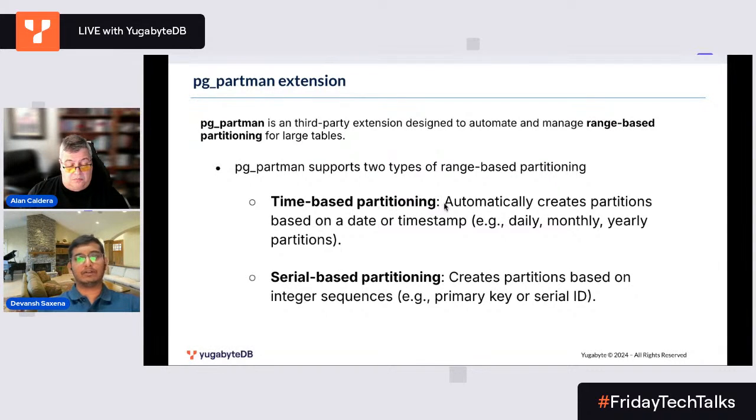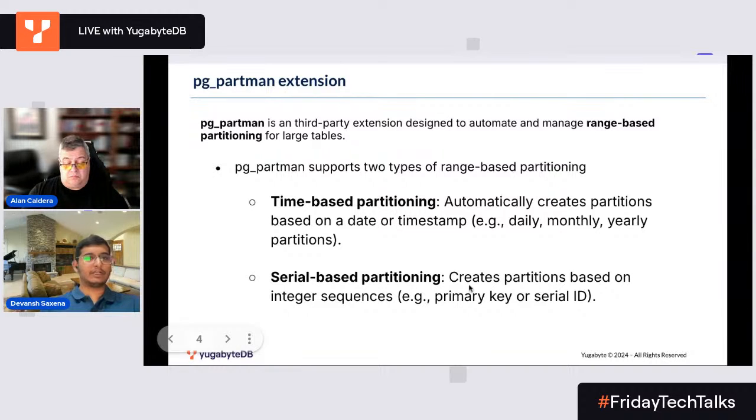types of partition columns. One is time-based partitioning, where the partition column is a date or a timestamp, and the partitions can be created at different granularity, ranging from hourly, daily, monthly to yearly. And second is ID-based partitioning, where partitions are based on integer sequences like a primary key, or let's suppose we have defined a serial ID column.